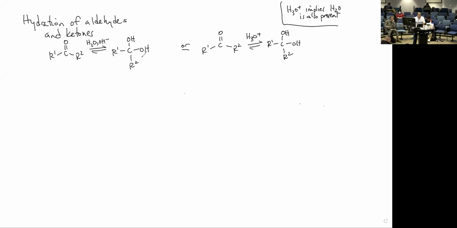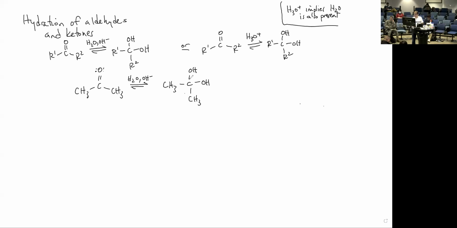But just to give some examples of this, if you took acetone, which, recall, is the smallest possible ketone, and you treat this with water with a catalytic amount of hydroxide, well, you will get, to some degree anyway, it's an equilibrium, but to some degree, the hydrate of acetone, which would look like this.